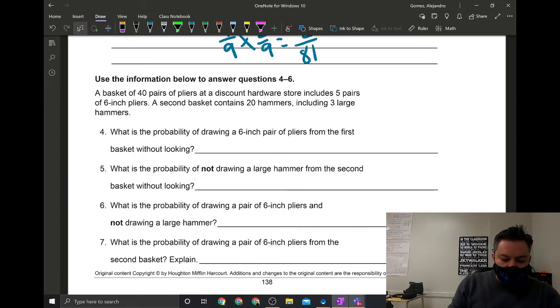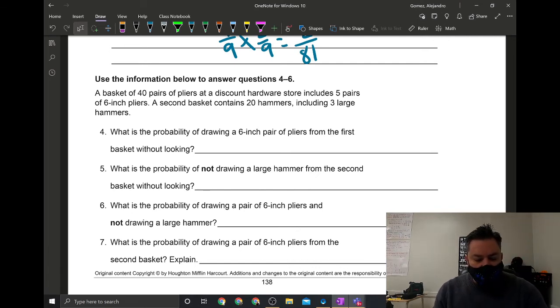Now, numbers 4, 5, 6, and 7 are going to be according to the word problem that we have right there. And it says, a basket of 40 pliers at a discount hardware store includes, let's start paying attention to those keywords. If you want to make a drawing, please do so, because this can be a little confusing based on previous experiences.